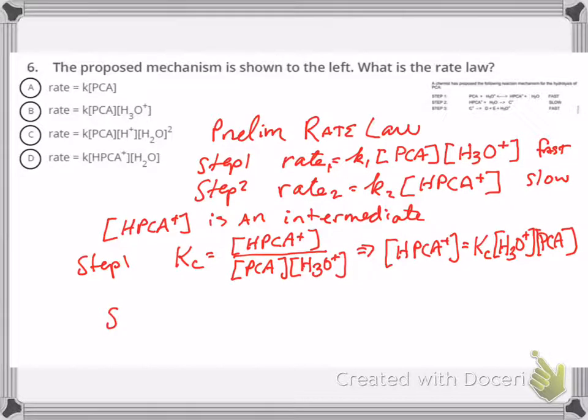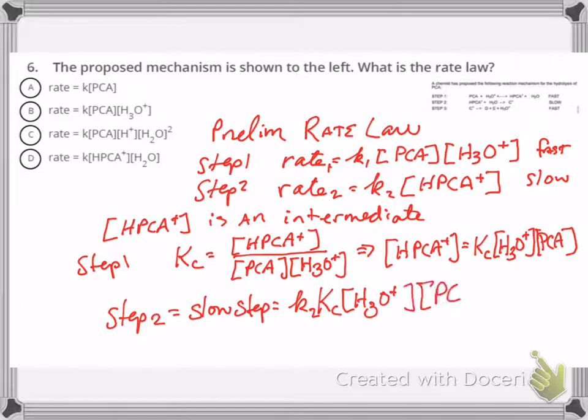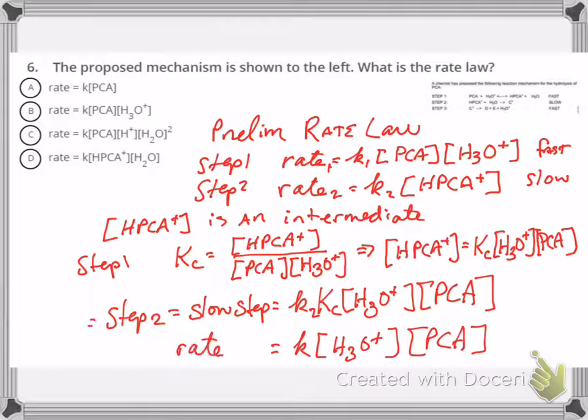We can now substitute this into the preliminary rate law for step 2, and we recover the overall rate law, which is K2, Kc, H3O+, PCA. We can combine K2 and Kc into a constant K, and we get K times H3O+ times PCA. That's the rate law, and that would be the answer.